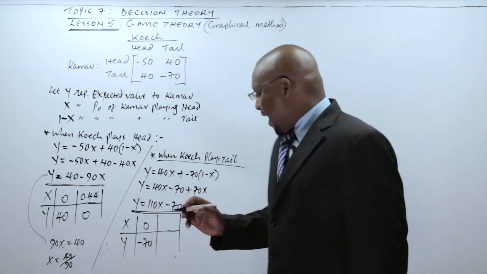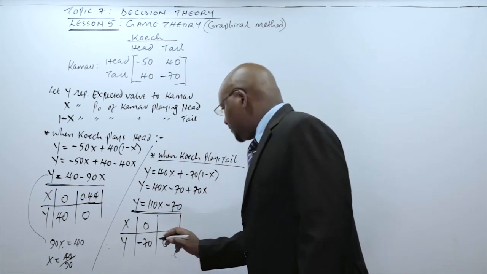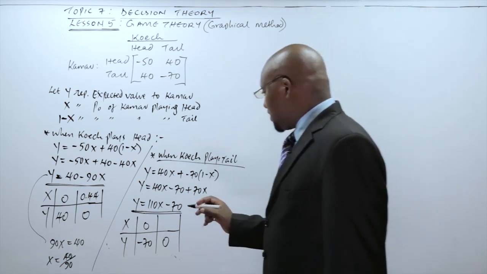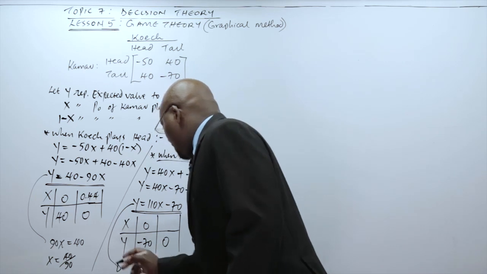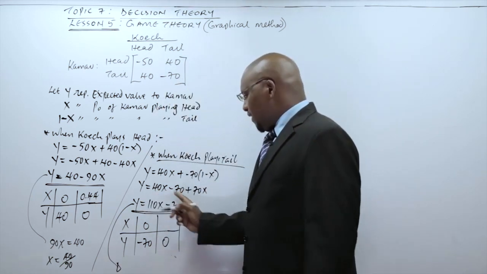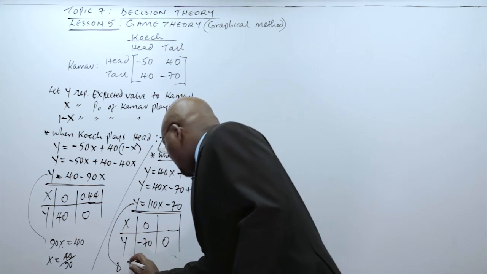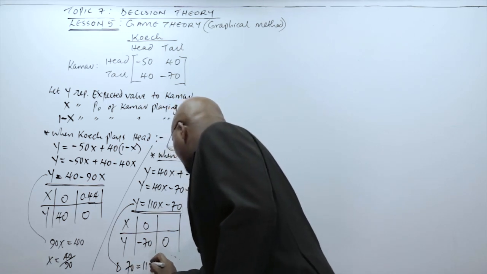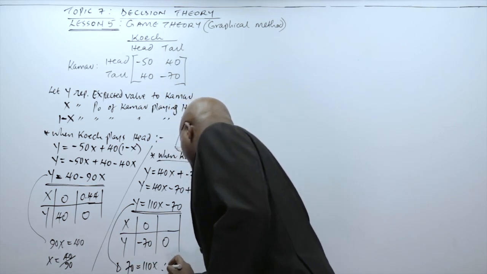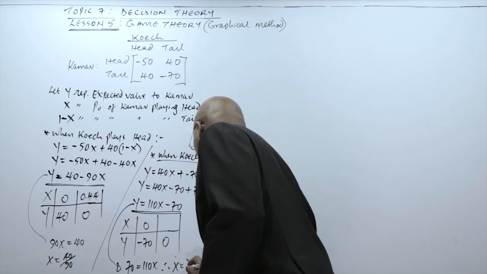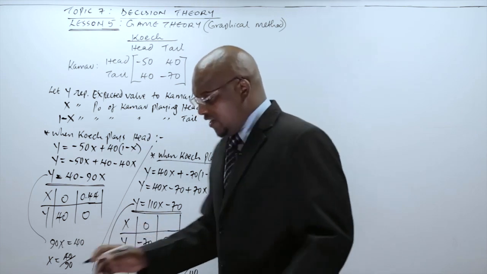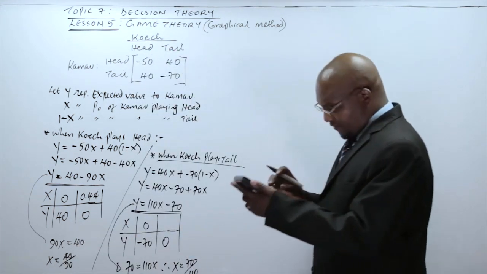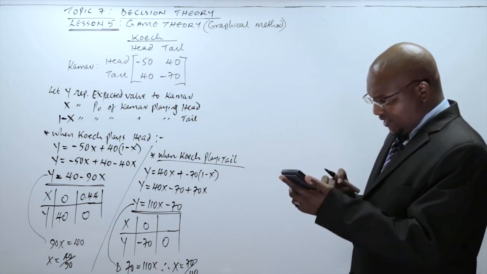That's y. In case y is 0, then if we substitute that y here, we transfer 70 this side. So we'll have 70 equals 110x, and therefore x equals 70 divided by 110.